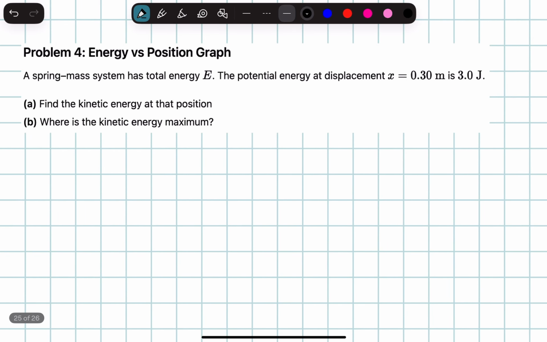A spring mass system has total energy E, and the potential energy at displacement x is equal to 0.3 meters is 3 joules. Find the kinetic energy at that position. So to do this, we know that kinetic energy is equal to E minus U. Now, if E is equal to 5.0 joules, K is equal to 5.0 minus 3.0, which is equal to 2.0 joules.